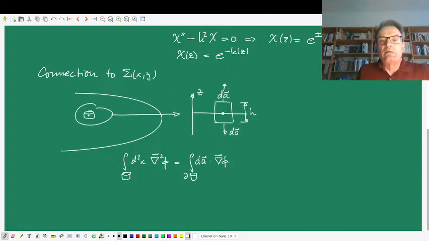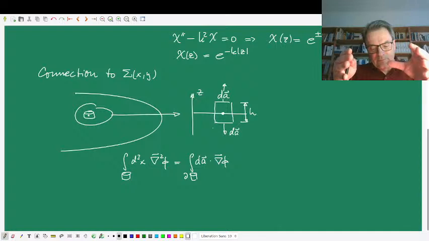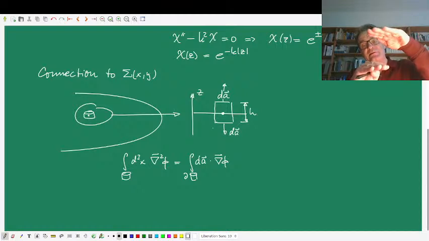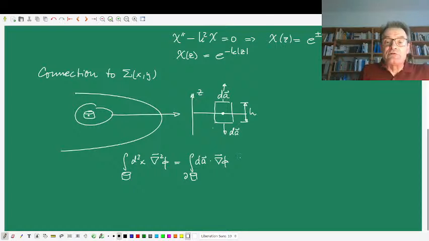Okay. But as I shrink the height of the box to 0, that part of the surface integral coming from the part of the surface of the box that is not dA, not the bottom and the top, right? That will shrink to 0. So the complete integral will just be dA times the gradient of phi at z plus, right?